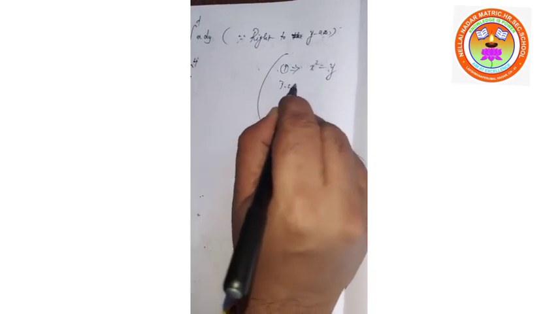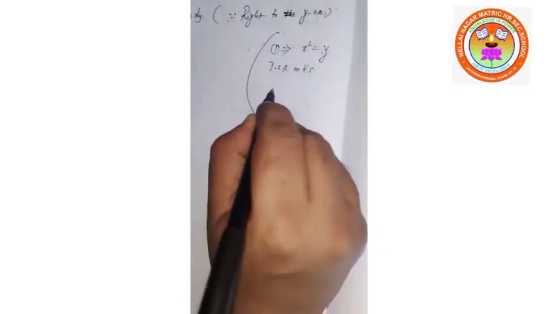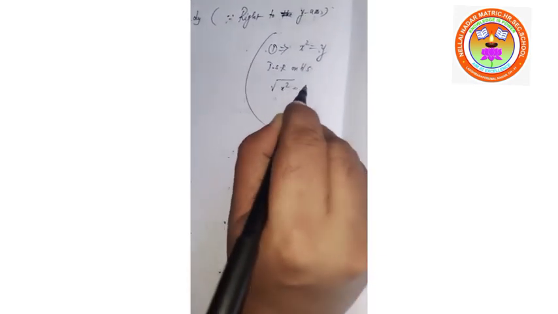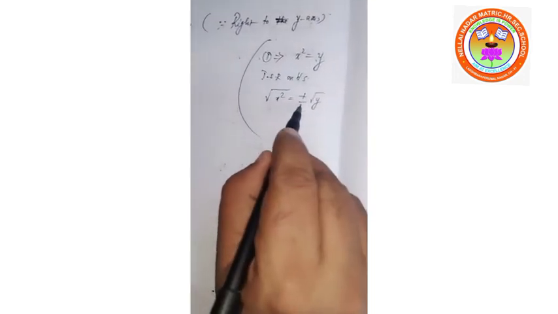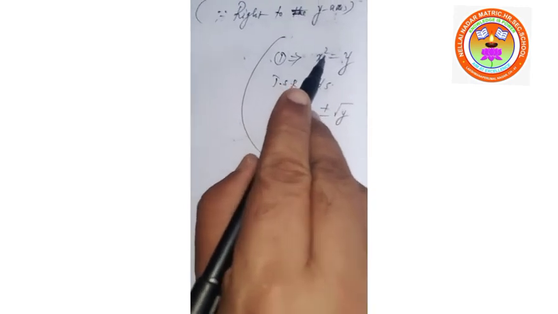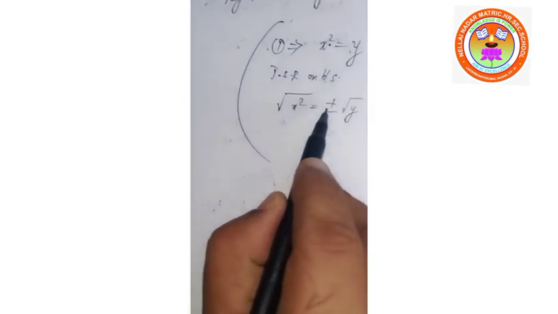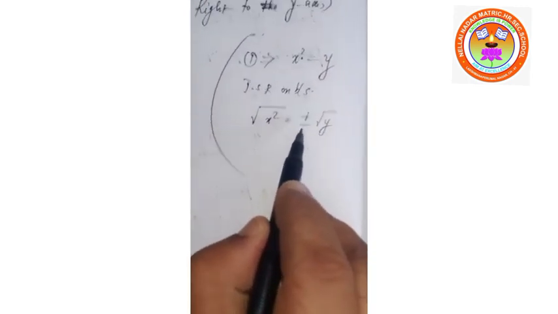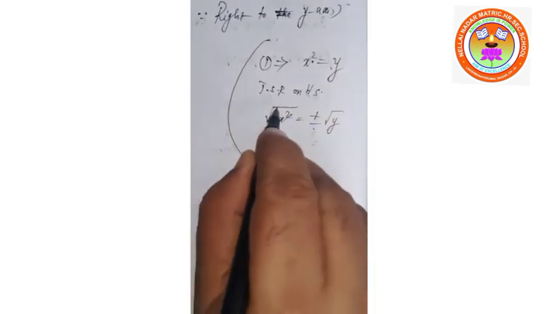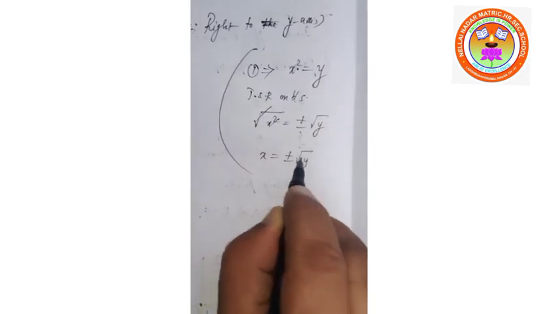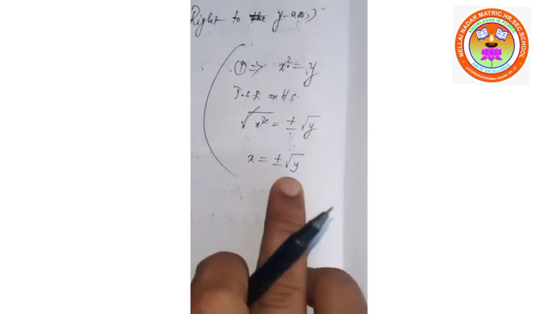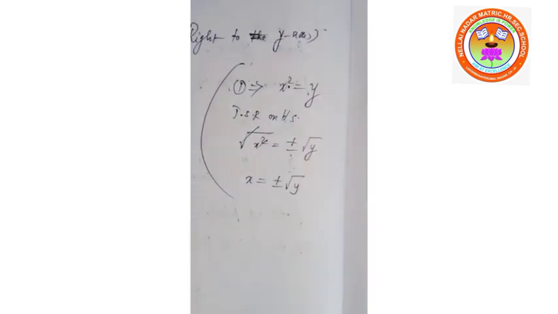Take square root on both sides. Square root of x squared equals plus or minus square root of y. We have introduced plus or minus because of the square. It's a quadratic equation, definitely it has two roots. One is plus, another one is minus. So square and square root get cancelled. x equals plus or minus root y. We have two equations: x equal to plus root y, another x equals minus root y.